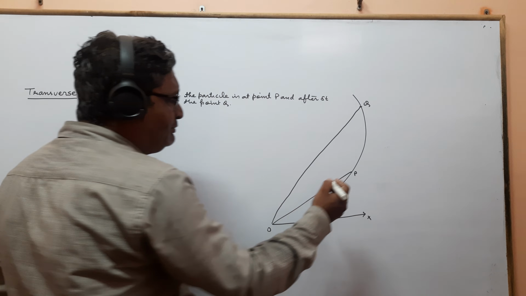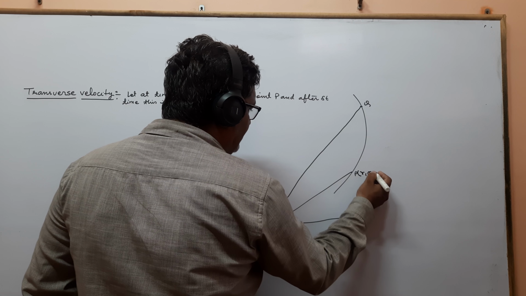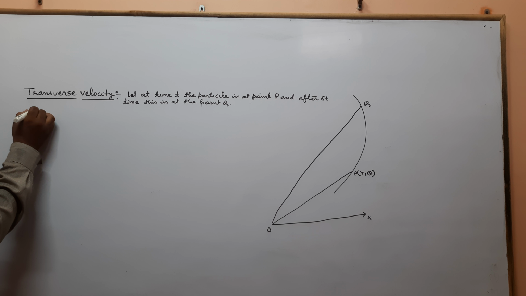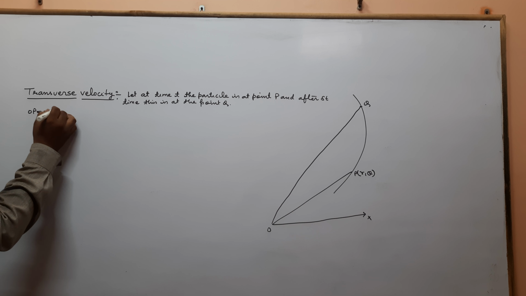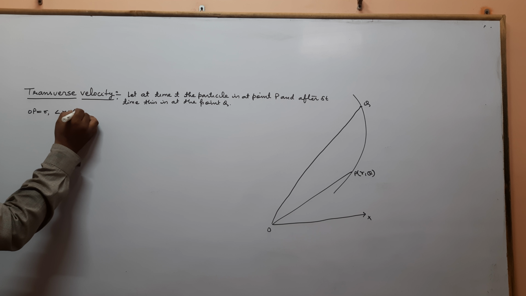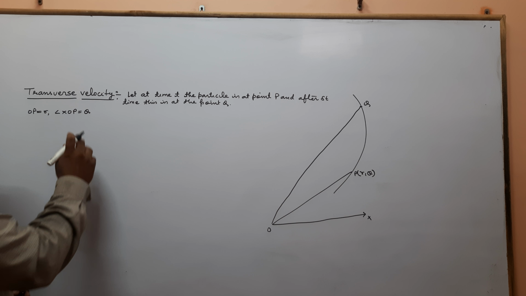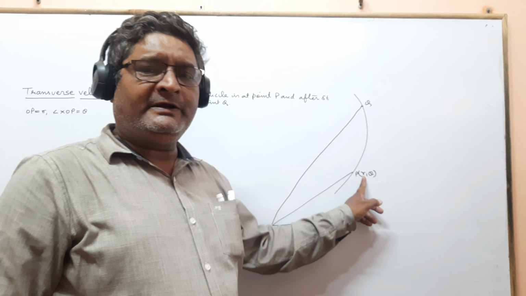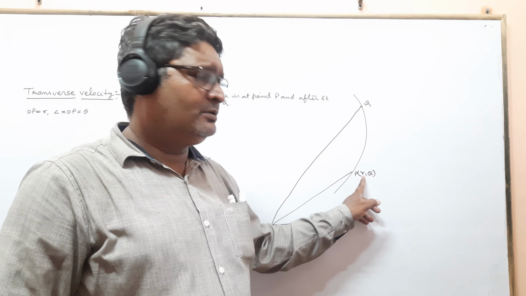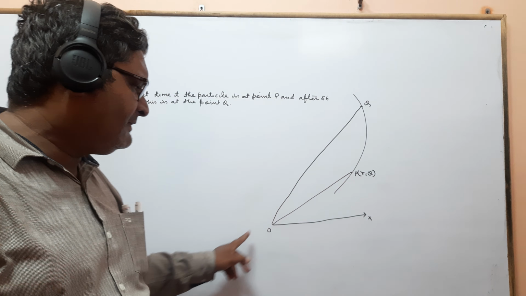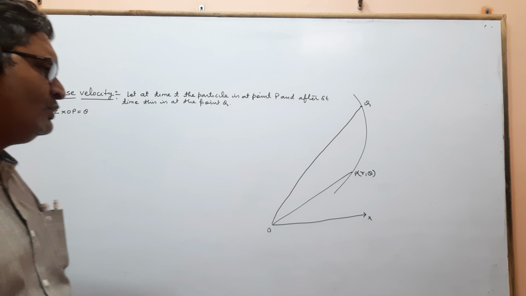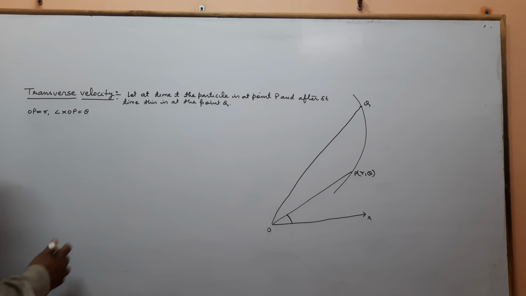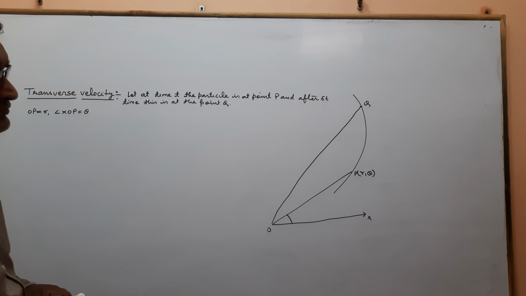Now we suppose that the polar coordinates of P are r, theta. So the radius vector OP is small r, and angle XOP is equal to theta.